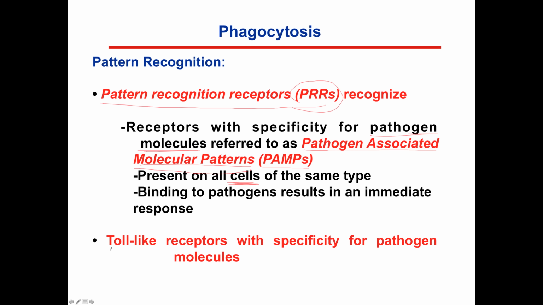They're similar to those when they first were discovered, but they don't have anything to do with fruit flies, so don't worry about that. So toll-like receptors have a specificity for pathogenic molecules on pathogens.